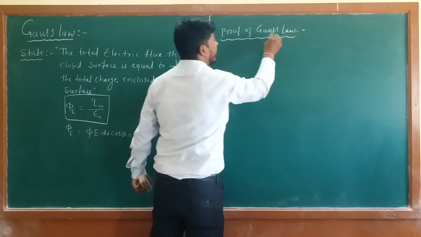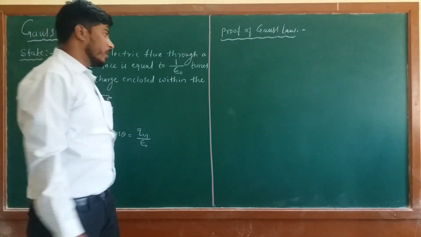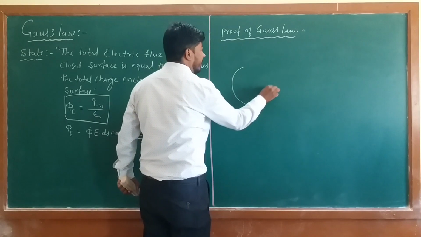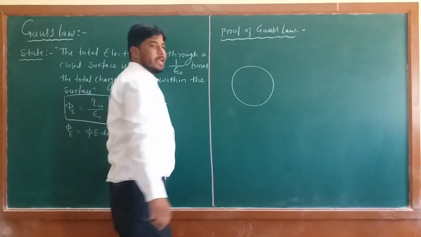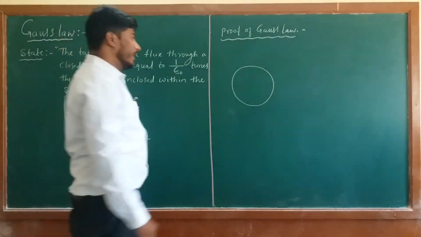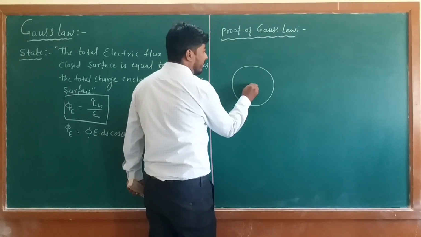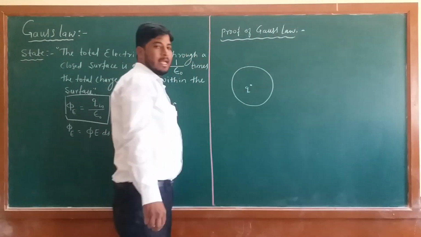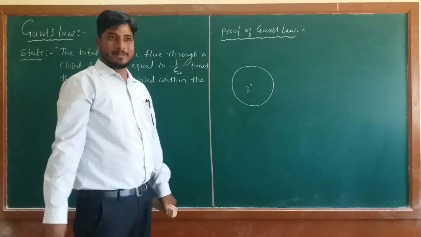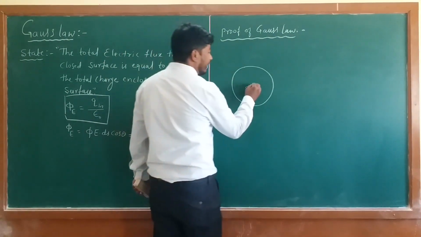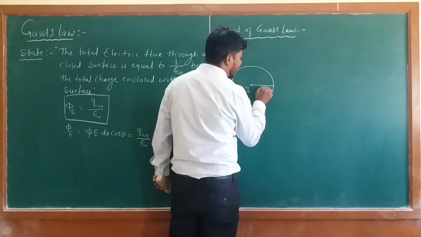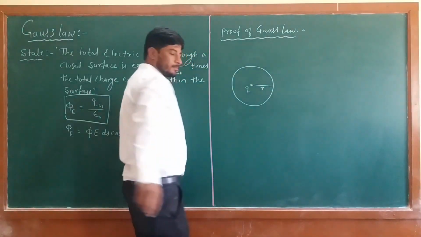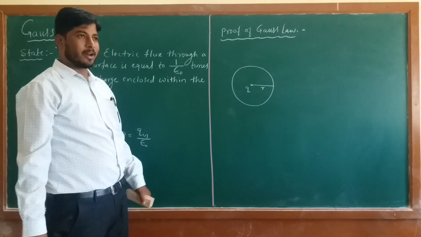So to prove the Gauss law, we will take one closed surface. Let a positive charge q be placed at the center of the surface, at a distance r from the surface of the sphere.